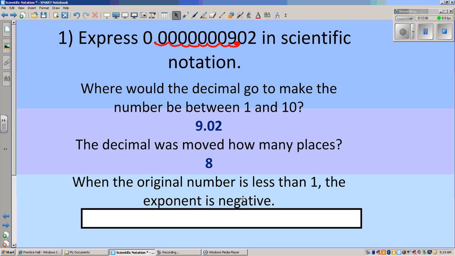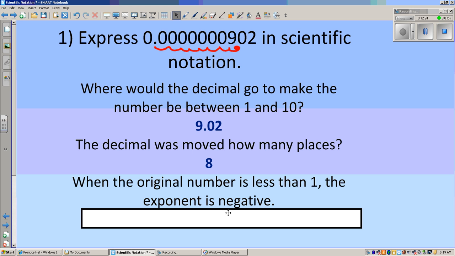Again, when you start with a number that's less than 1, like our original number here, 0.0000000902, a very small number, then our exponent is going to be negative.